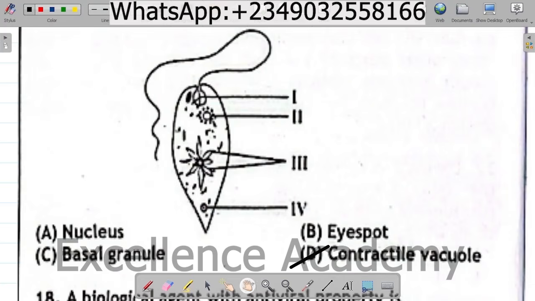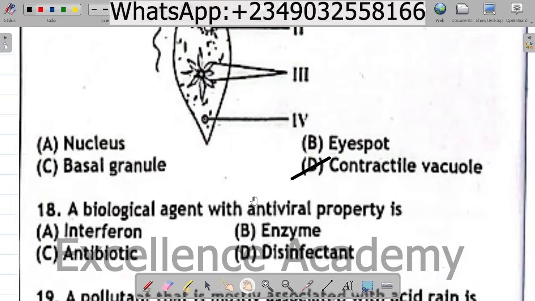This is a diagram showing the Euglena organism, which shows both the features of plant and animal, with I being the eye spot, II being the contractile vacuole, III being the paraflagellar body (or chloroplast), IV being the basal granule. So the correct option is D. Contractile vacuole.